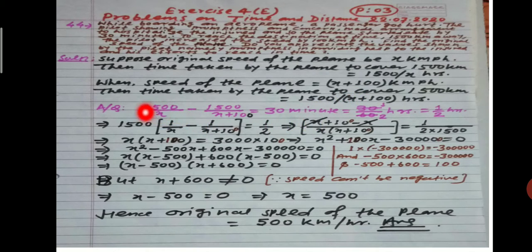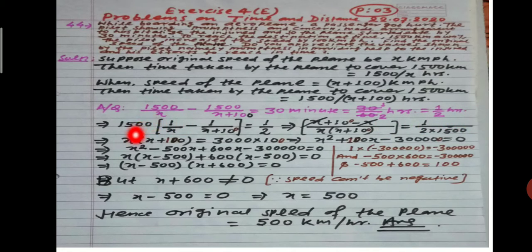So according to the question, 1500 upon x minus 1500 upon x plus 100 is equal to 30 minutes, and both the times are in hours. So we have to change this time in minutes into hours, so we have to divide it by 60. Now 60 will be cancelled by 30 in 2 times, so it will be equal to 1 by 2 hours.